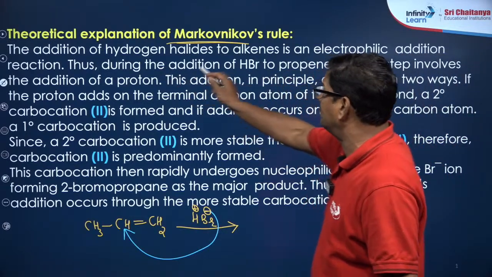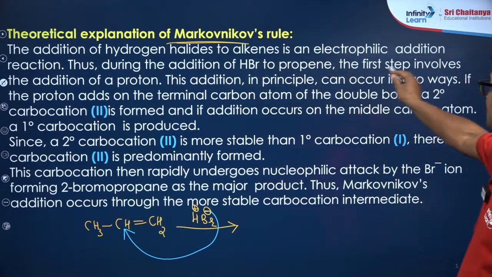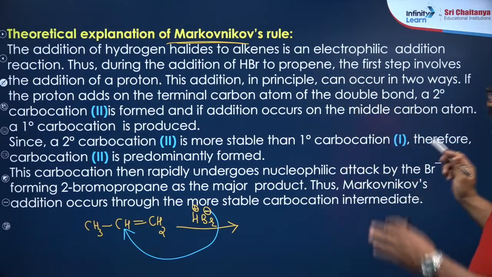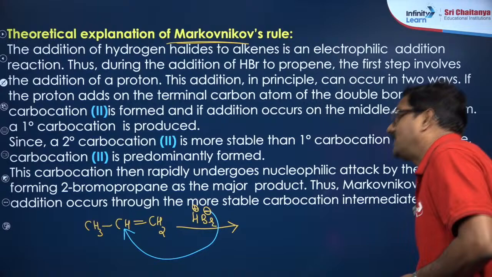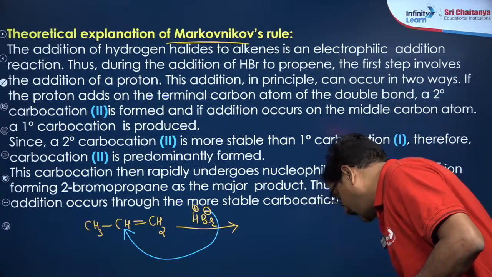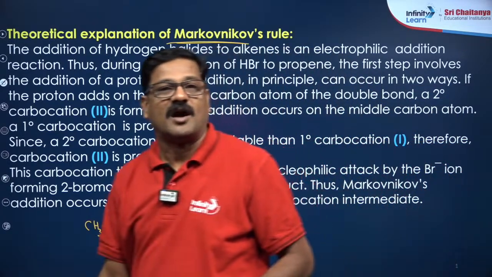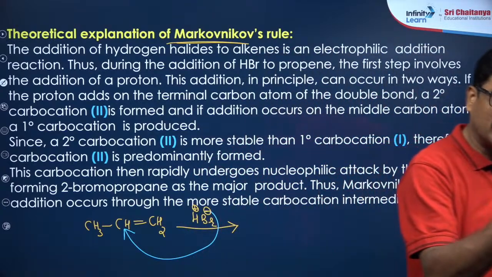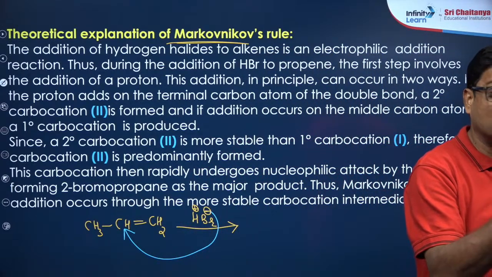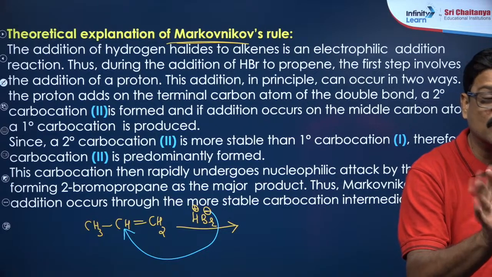It is said addition of hydrogen halide to an alkene is an electrophilic addition reaction. Thus during addition of HBr to propene, the first step involves the formation of a protonated alkene. So it forms a carbocation, right. A 1,2 methyl shift happens. When rearrangement happens, Markovnikov rule, don't use it.